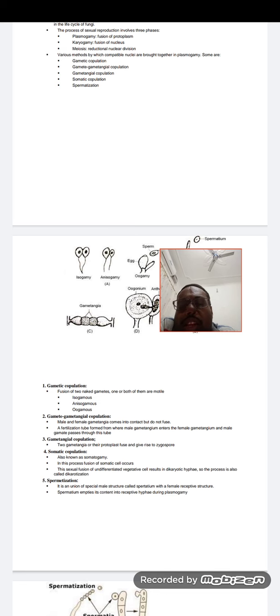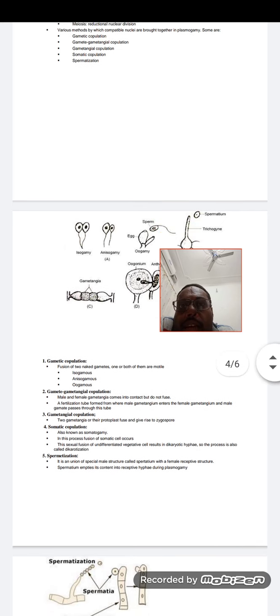They will fuse together, fertilize, and produce the next generation. Then oogamous, that means the female is big and the motile male comes and fuses with it, and that will develop into a new fungus.